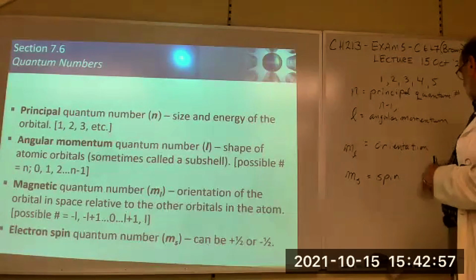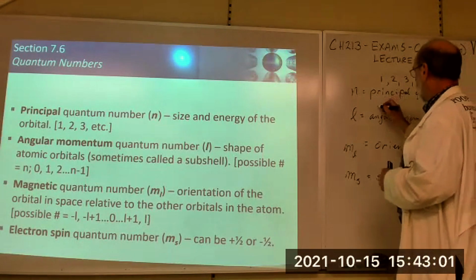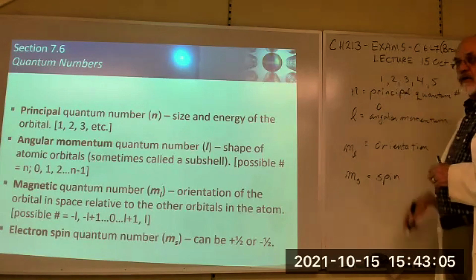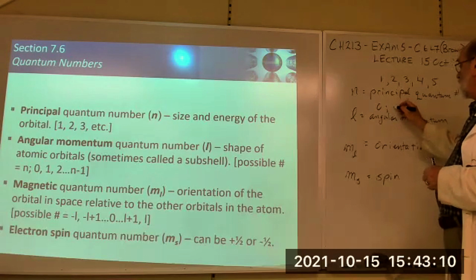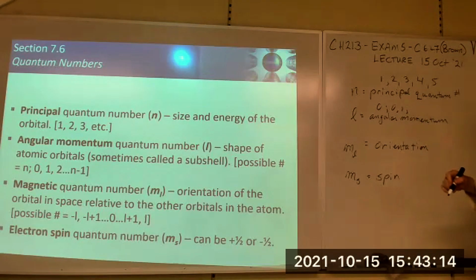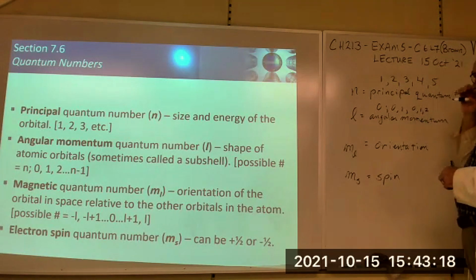So for n equals 1, you start with 0, and that's it. That's all that 1 can have. If you start with 2, then you can have 0 and 1 as possibilities. If you start with 3, you can have 0, 1, and 2.